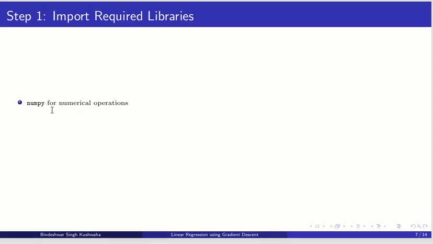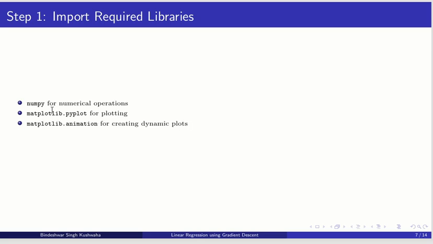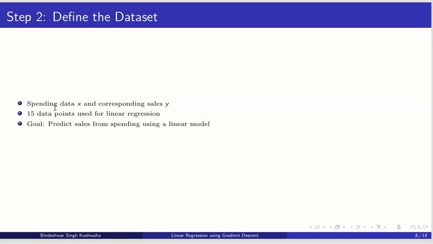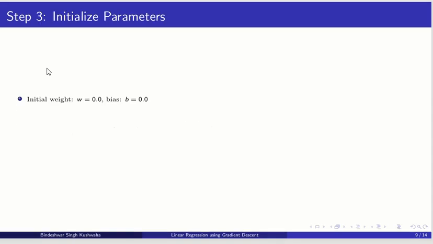Now we will import libraries to implement it. Matplotlib pyplot for plotting, animation for creating dynamic plots, also spending data x and corresponding sales y. So 15 data points I have taken for linear regression, and the goal is to predict sales from spending using a linear model.